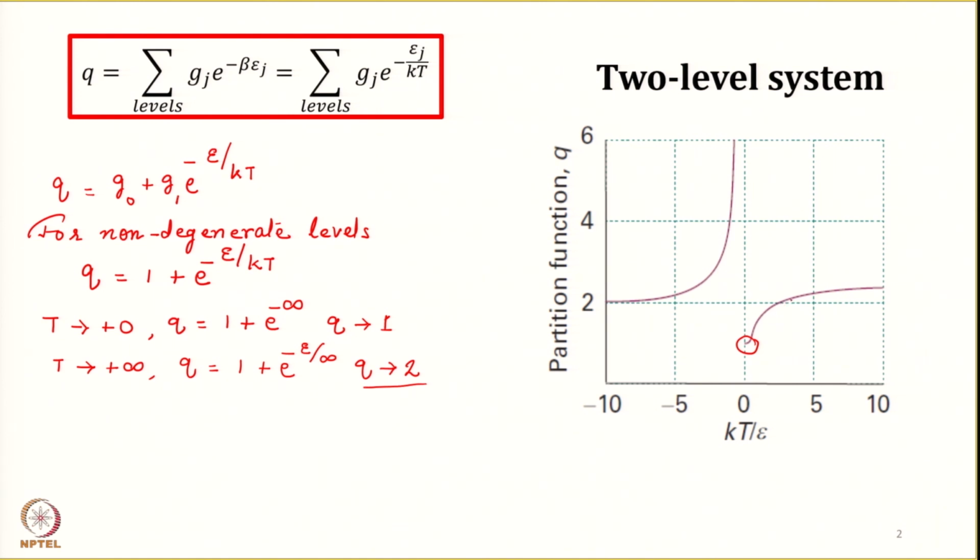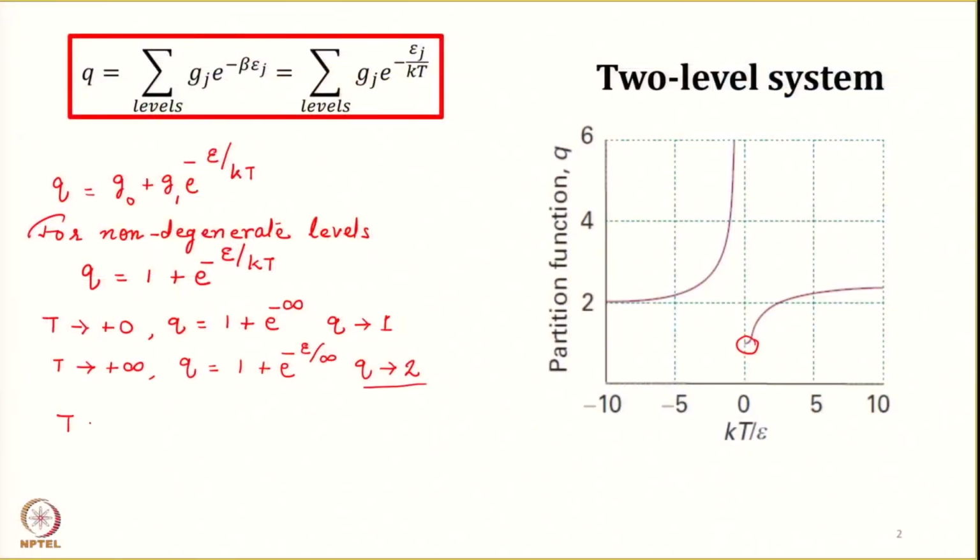That is why the variation does not end at 2 but depends upon degeneracies. If both levels are non-degenerate, then it will approach a value of 2. So we have explained this variation for T equal to 0 and positive onwards. This discussion we have had in other numerical problems earlier.